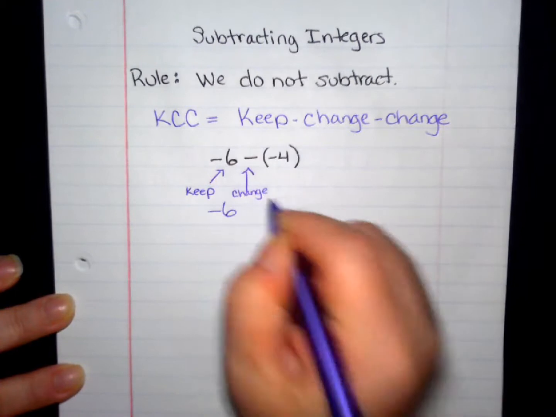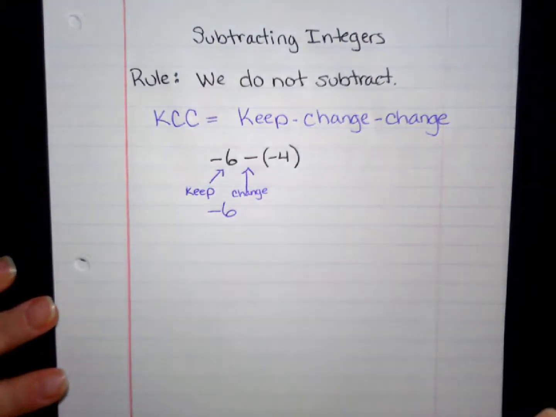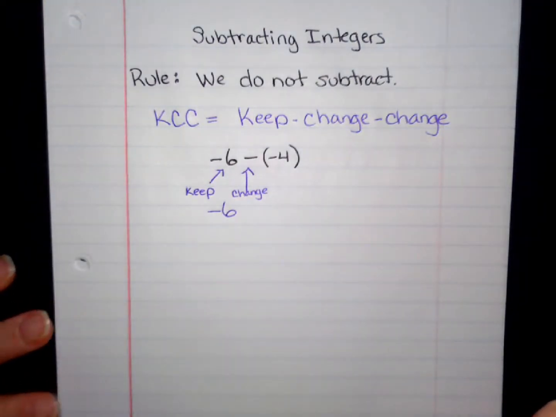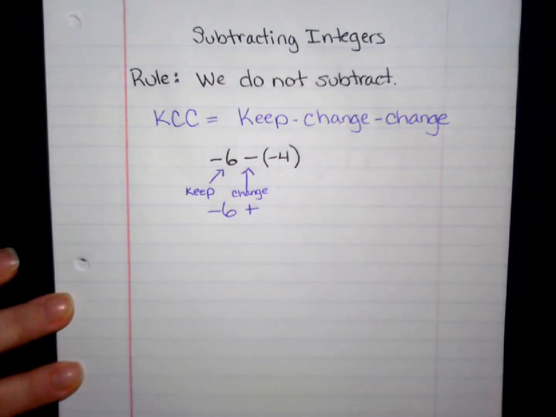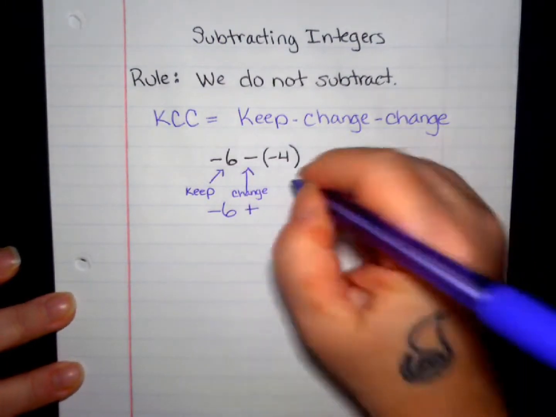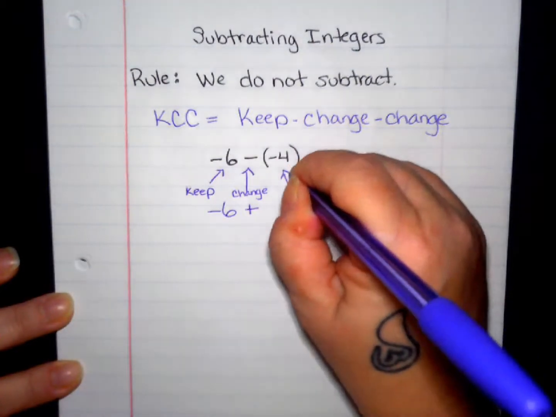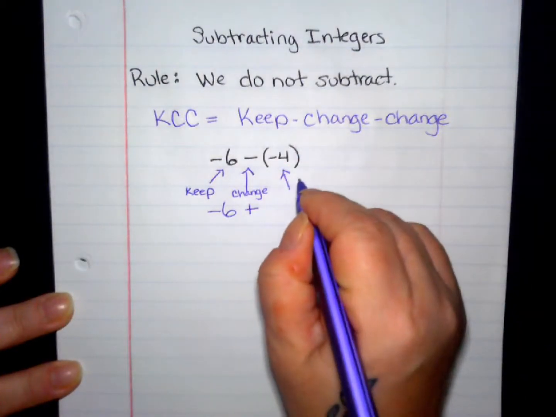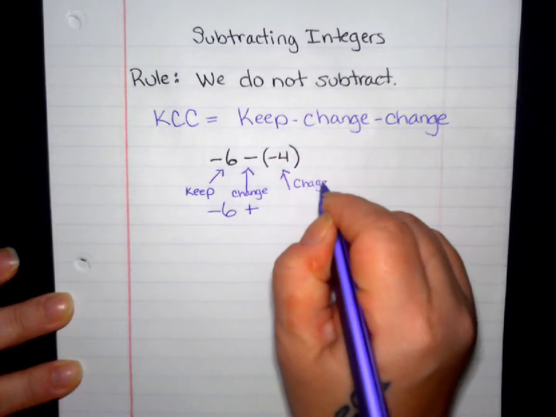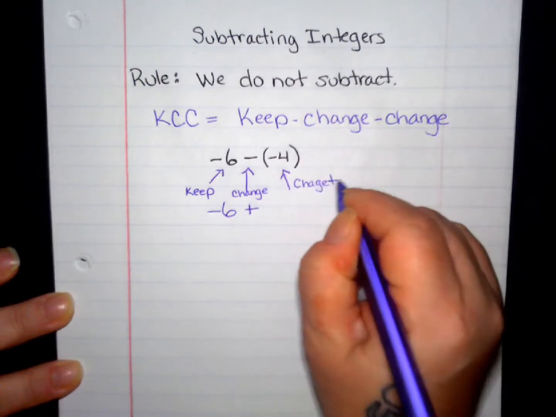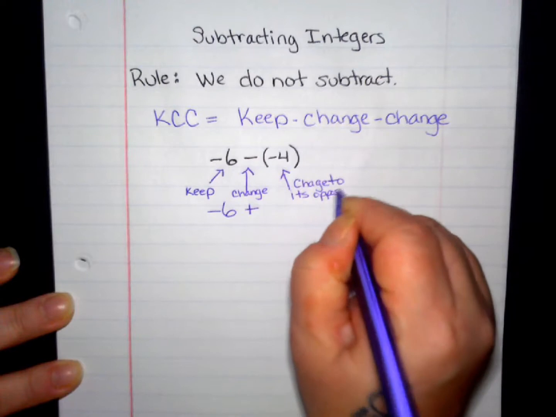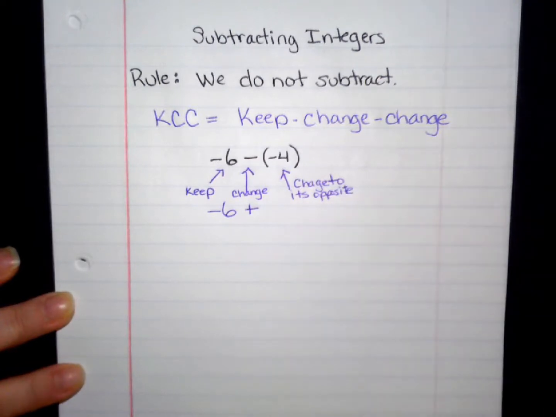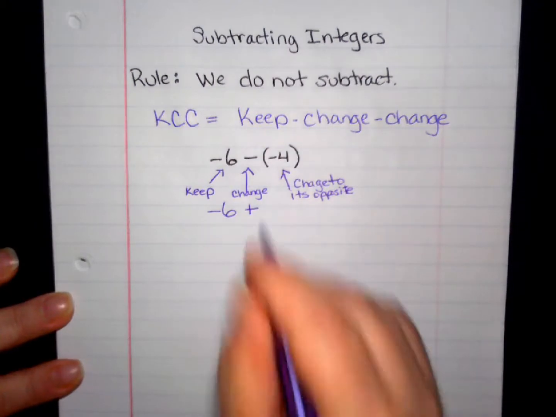If I say change subtraction, you should automatically know I'm saying change it to addition, because that's its partner. Okay? And then the -4, you're going to change to its opposite. The opposite of -4 is 4.